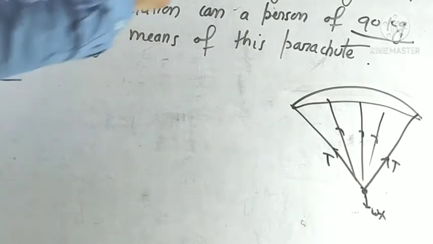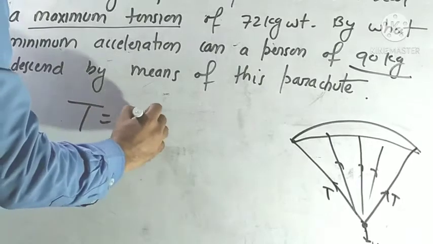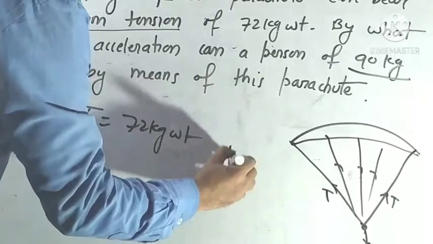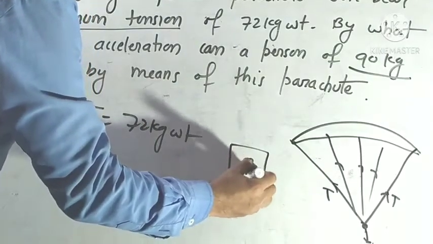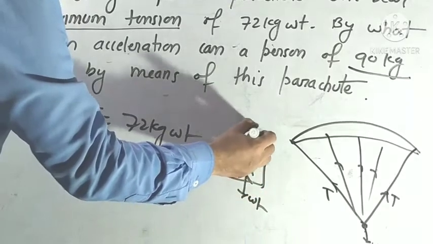The string of a parachute can bear a maximum tension of 72 kg weight. When this man is standing in the lift, his weight works downward and the normal force works upward.